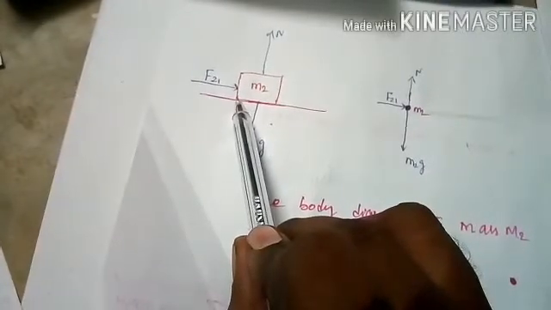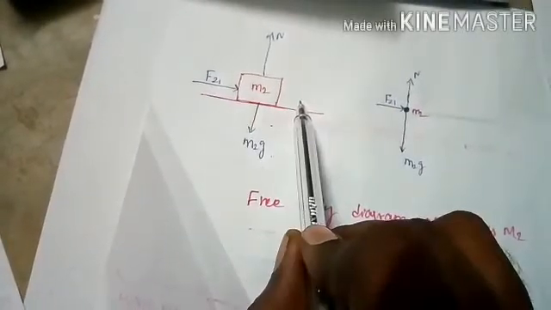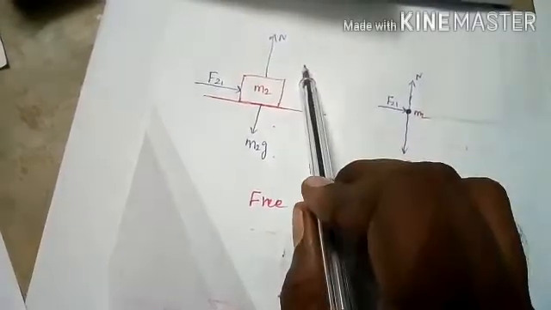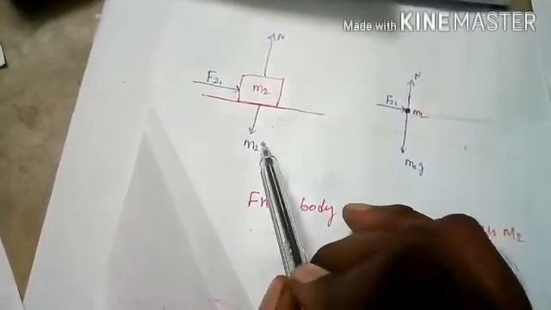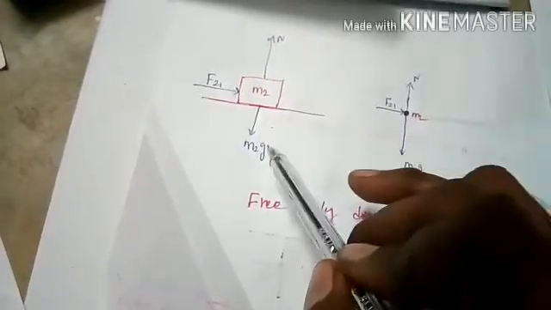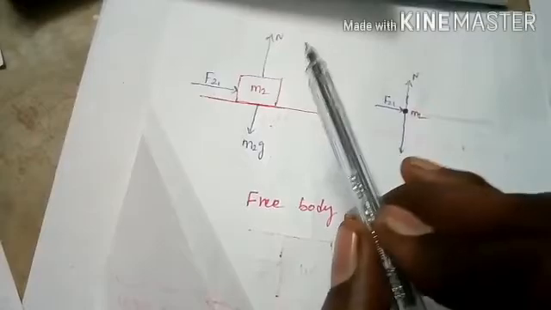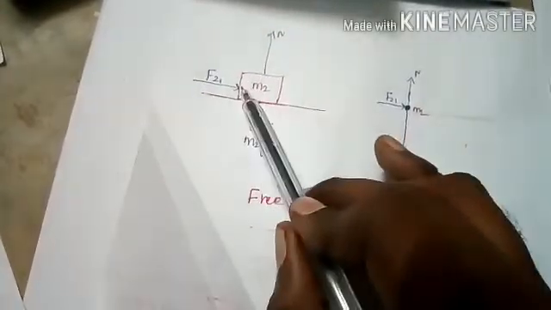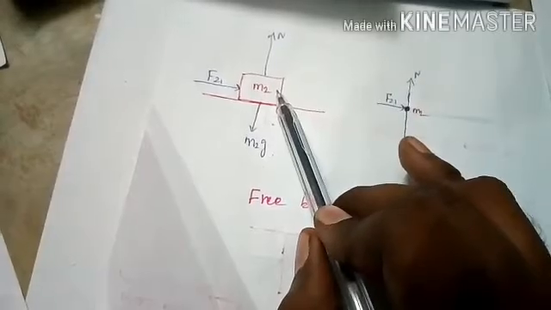The object moves only in the horizontal direction and cannot move in the vertical direction. That means the gravitational force and the normal force cancel each other. So only one force acts on mass m2.